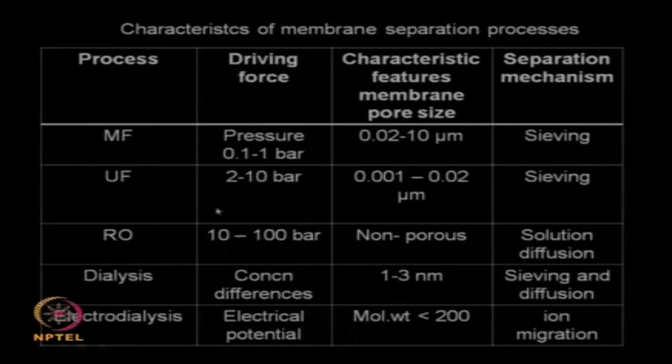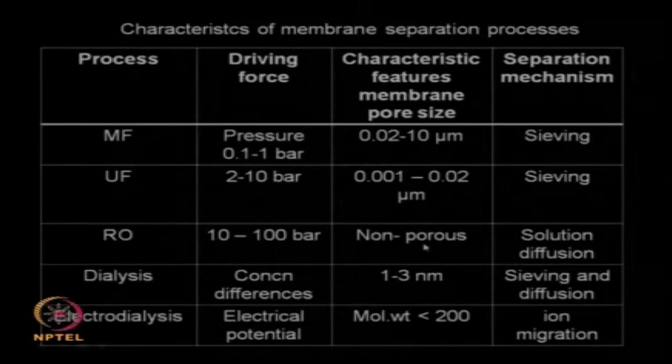If you go to ultrafiltration, here the pore sizes are much smaller, that is why you are able to capture much smaller particles, hence the pressure drop is also very high. So the driving force is almost 10 bar here, you can see this 10 bar. Again the principle is the same, you have a sieving action, that means there are pores.